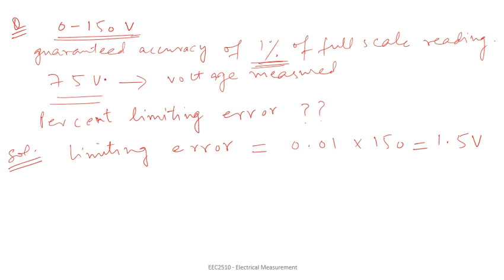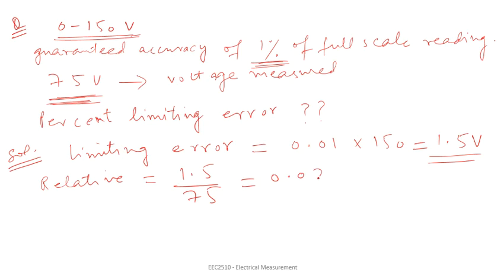Okay, now the voltage measurement which this instrument is measuring is 75 volt. So for calculating the relative error, it will be this 1.5, that is this absolute error, divided by 75 volt. Since it is measuring the 75 volt, that will be equal to 0.02.